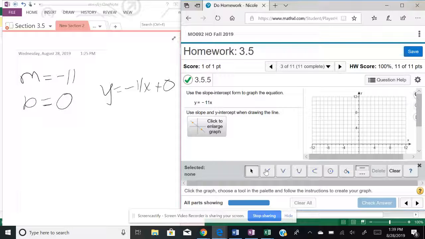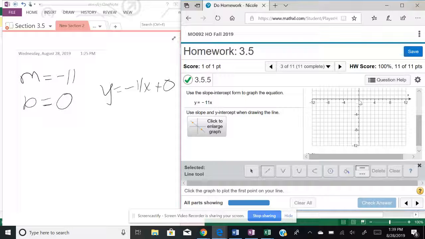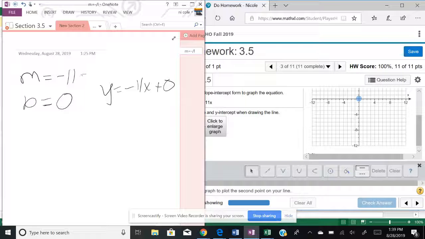If you need to see it in that form of y equals mx plus b, write it like that. So if I need to graph, where am I going to start? Well, it says I'm going to start here. And this says I am going to rise negative 11, and I'm going to run. I don't have that as a fraction, but I can always make it a fraction: 1. So I'm going to rise negative 11.